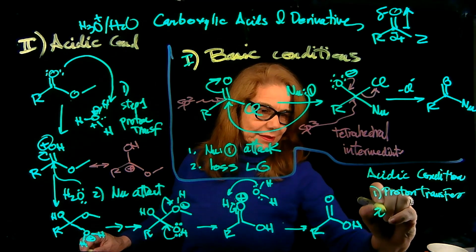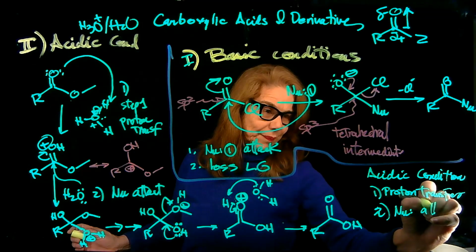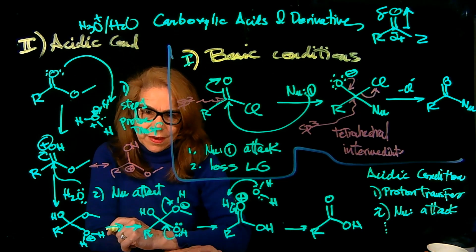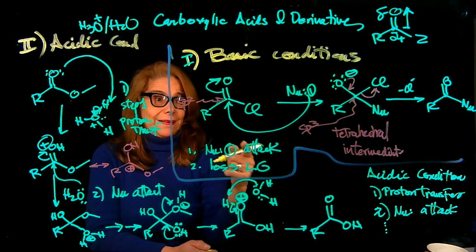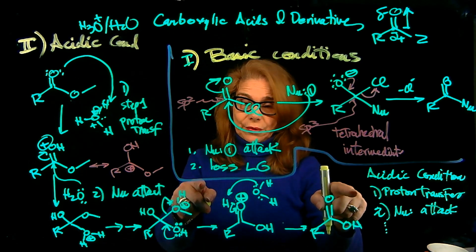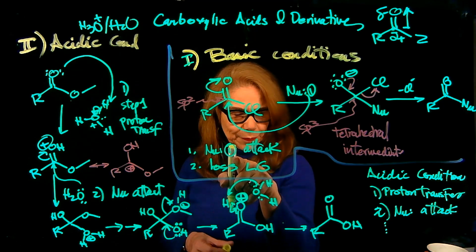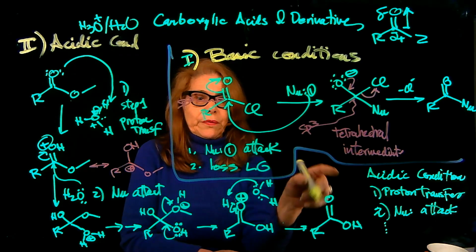And second, I'm going to have a nucleophilic attack. After that, I will have a series of proton transfer steps. But what is important that you remember is that we have the opposite order of steps. Under basic conditions, we have nucleophilic attack first, typically here strong nucleophiles, and then the loss of a leaving group.